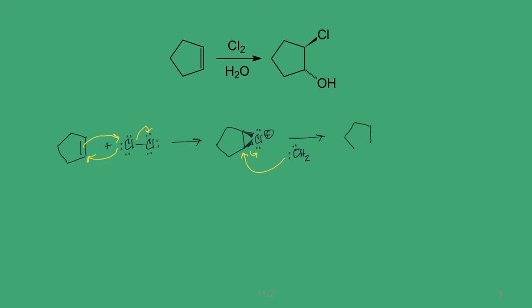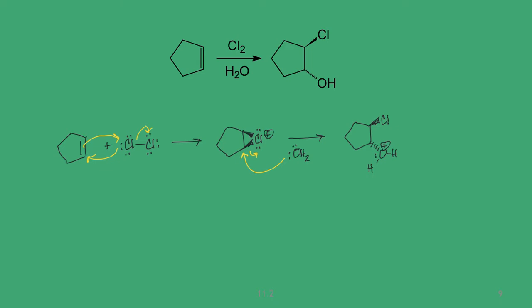This, of course, can happen to the other carbon of the halonium ion ring. Because it's adding from the back, the new oxonium ion is down in the stereochemistry of this structure. The chlorine is retained in its up position.